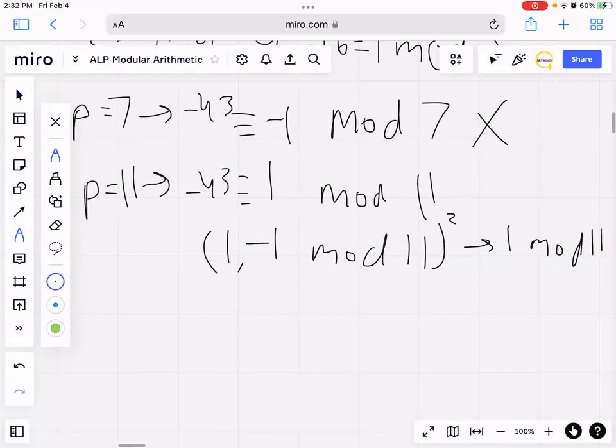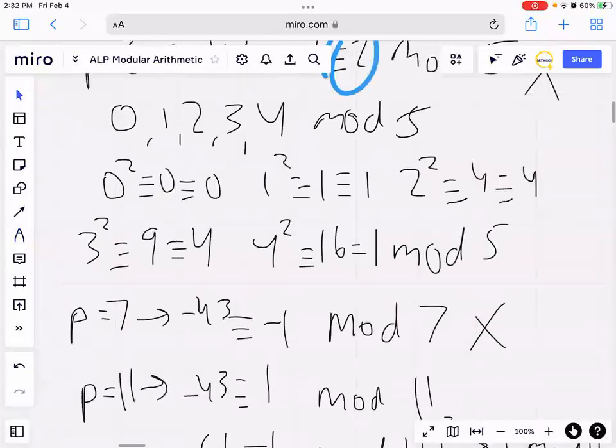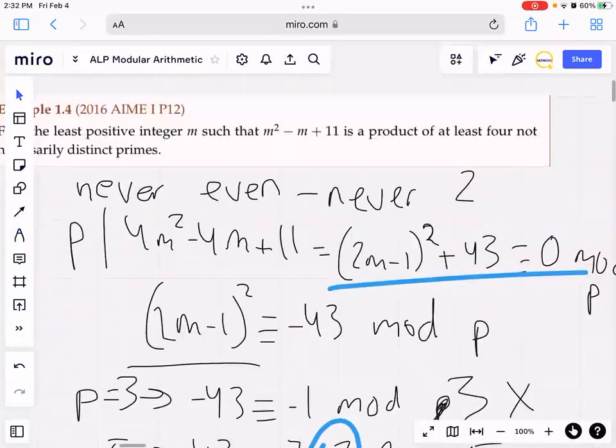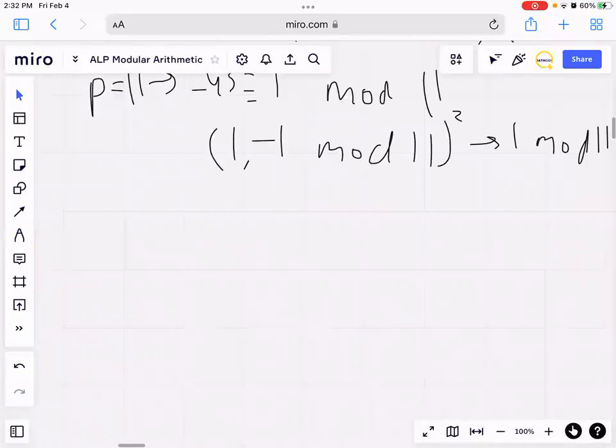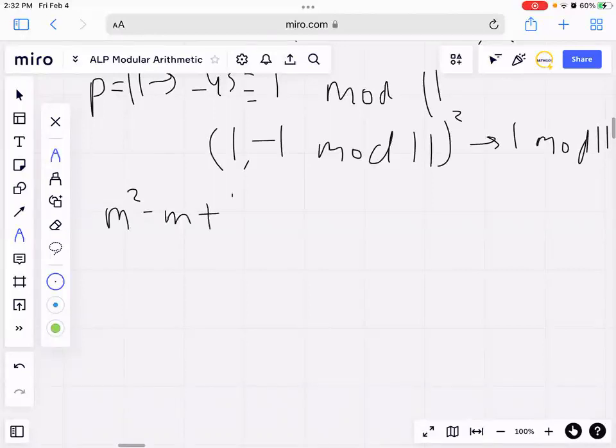So 11 can work, and that can be part of our 4 primes. So since we're trying to find the smallest value of m, we have that m squared minus m plus 11, was it?